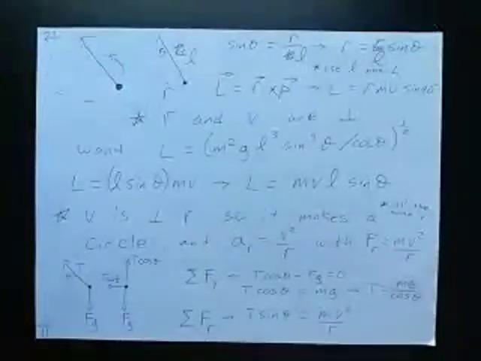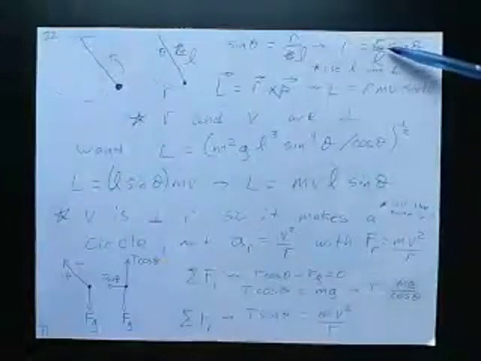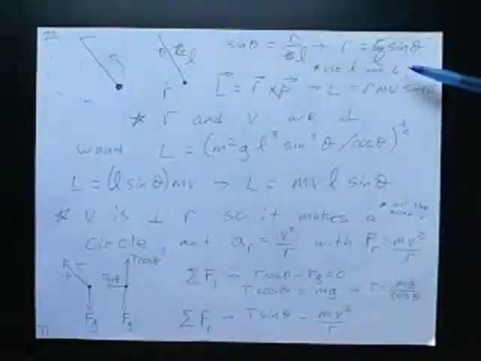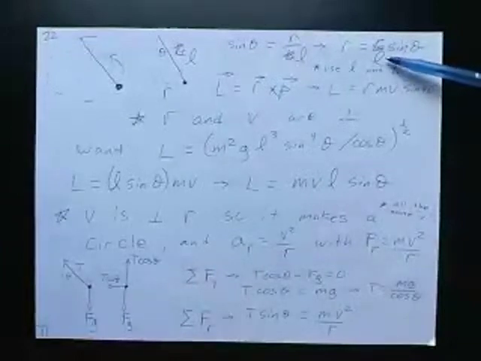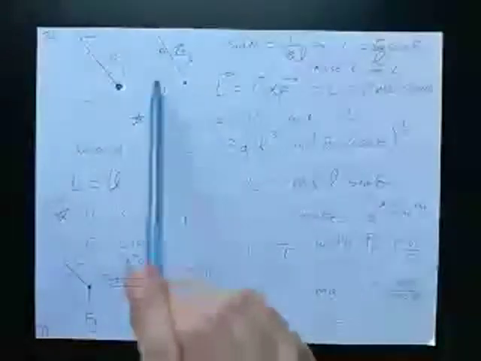Okay, so the basic idea is that we have an object on a string moving in a conical pendulum. The string length is a length L. You'll see over here I started to use capital L and I realized capital L is angular momentum, so that's not a good idea. So I switched to using lowercase cursive l, if you will. And I realized that the length of this string creates a radius of a circle as this conic pendulum goes around.